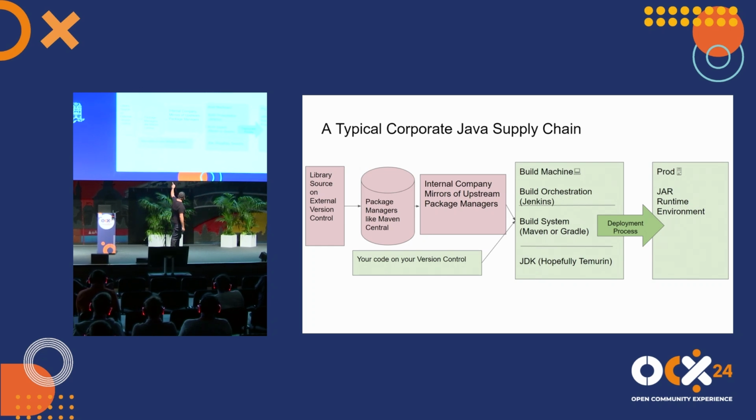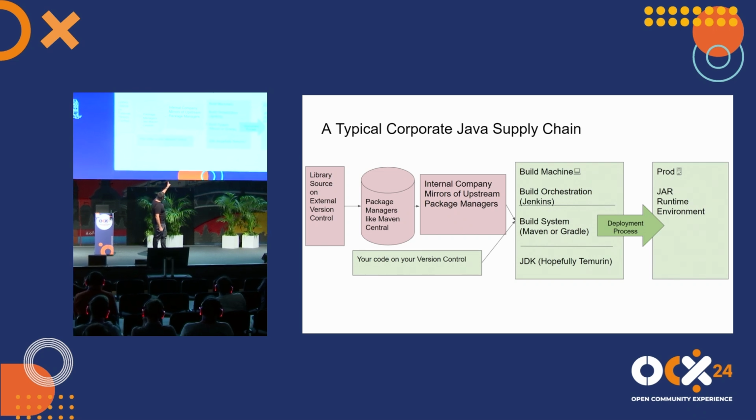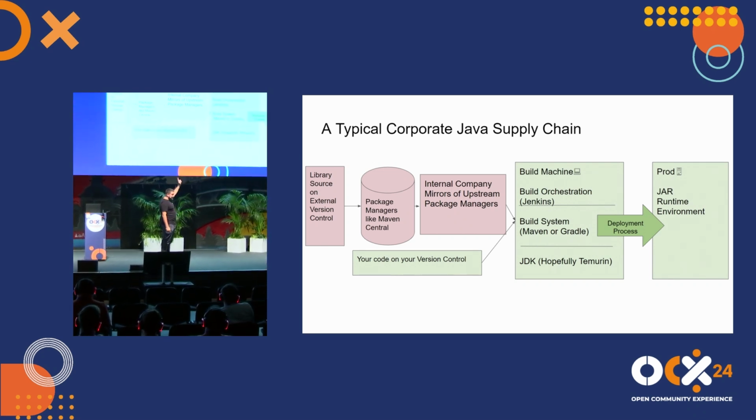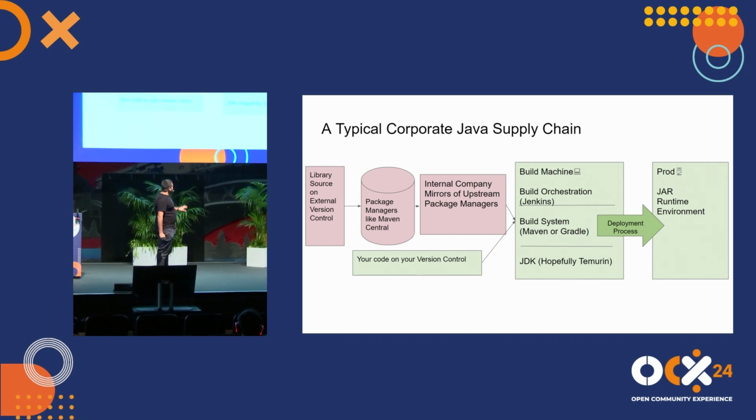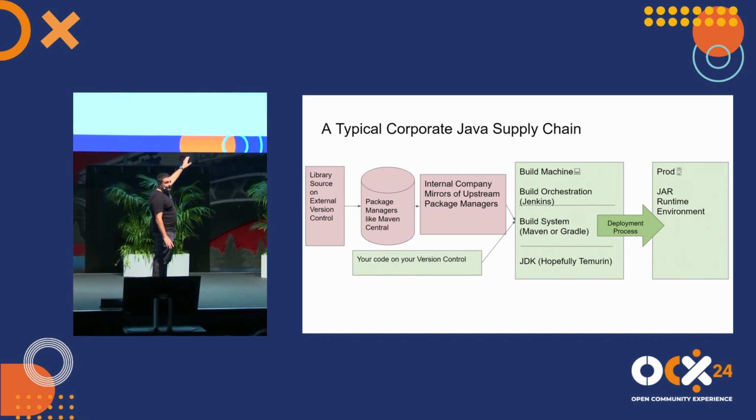You could have a compromised library pulling in. Unlikely, but somebody could be messing with Maven Central and putting a compromised version there. Your code could be compromised. Somebody might have made a rogue PR. Your internal company mirror could be compromised. The build machine could be compromised. The build orchestration could have some compromised steps in it, right? Theoretically, your build system could have some compromised code in it.